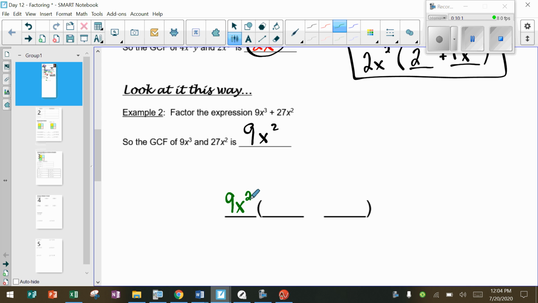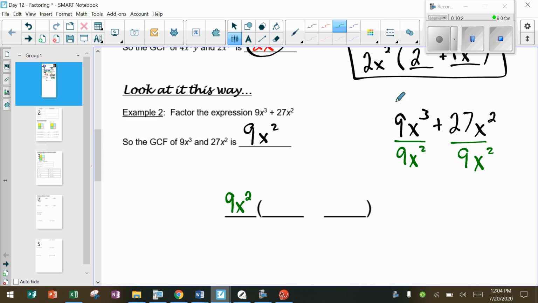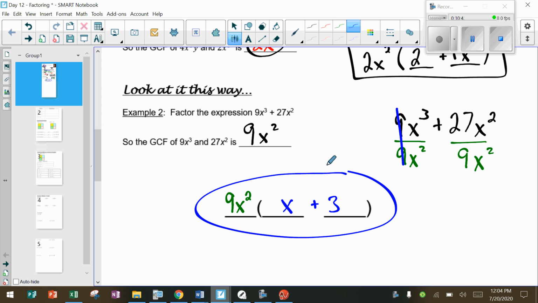And then I divide each of the original terms by my greatest common factor, and the results are what I use inside the parentheses. 9 divided by 9 would cancel. Subtract the exponents, and I get x to the first, which is just x. 27 divided by 9 is 3, and the x squareds would cancel out. And there's our factored form.